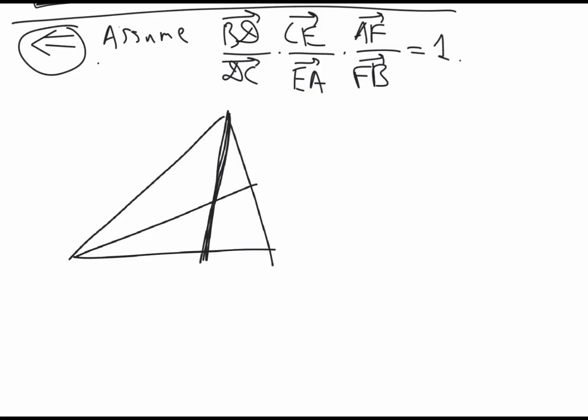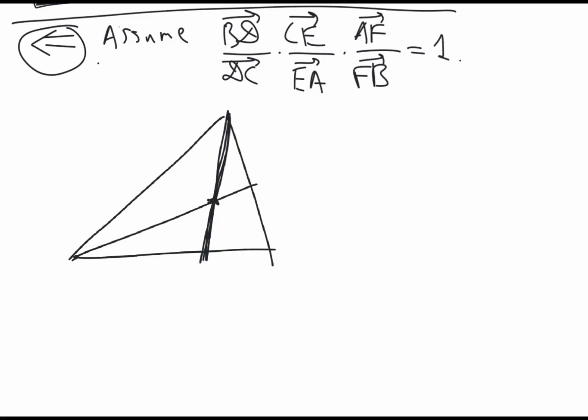So what we can do is, if neither of the lines are intersecting, then they are parallel and there is nothing to prove, right? So if all three lines are parallel to each other, then we are done. If they are not all three parallel, then at least two of them are intersecting somewhere at some point.